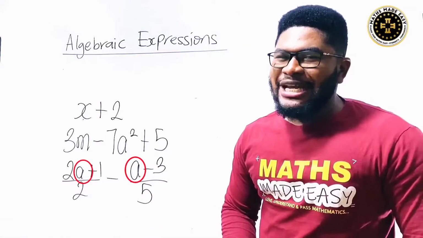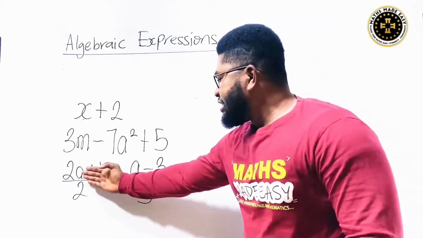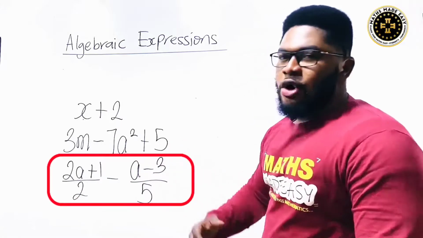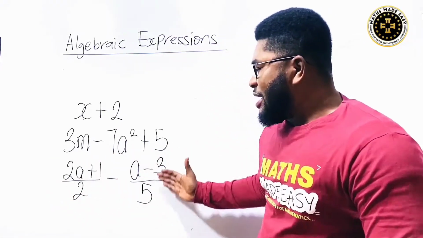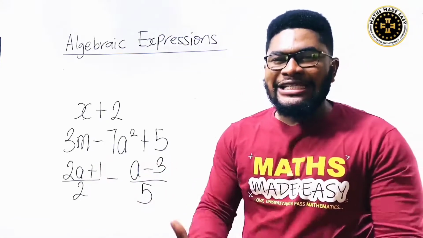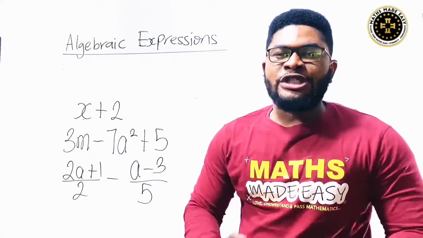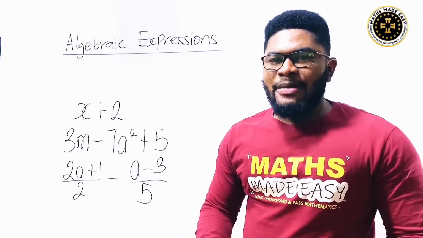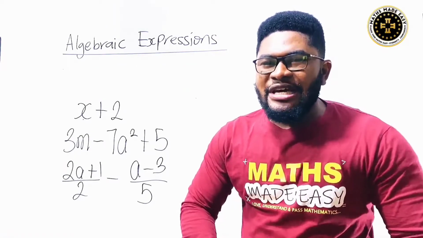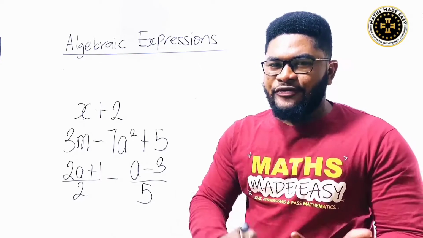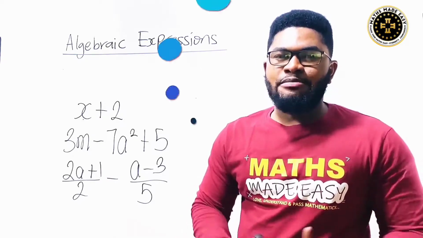The letter has made it algebraic. And then we see a mathematical statement written. So the mathematical statement with variables or letters in it has made it an algebraic expression. Remember, an algebraic expression is a mathematical question involving variables, letters, or symbols.